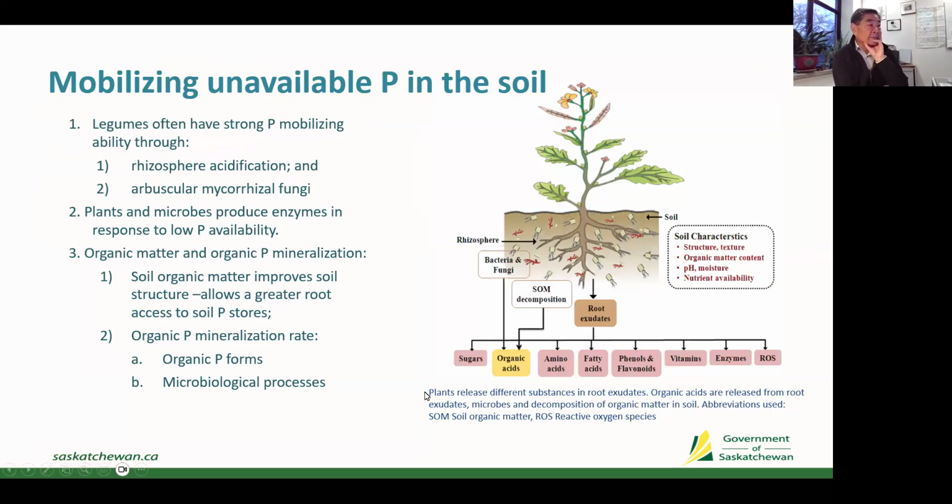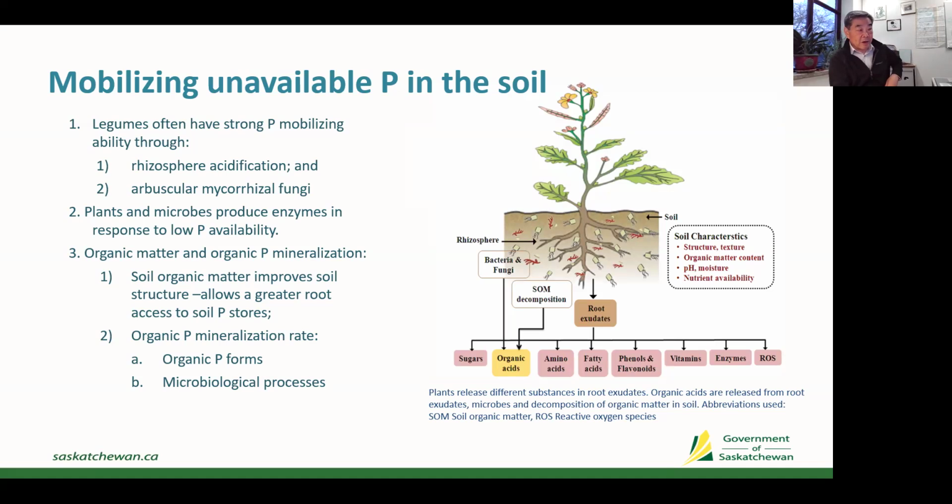Another way to increase P availability in the soil is to mobilize the unavailable P in your soil. Some crops or microbes have the ability to exude organic compounds or organic acids, which reduce the pH in the micro area close to the root tips.